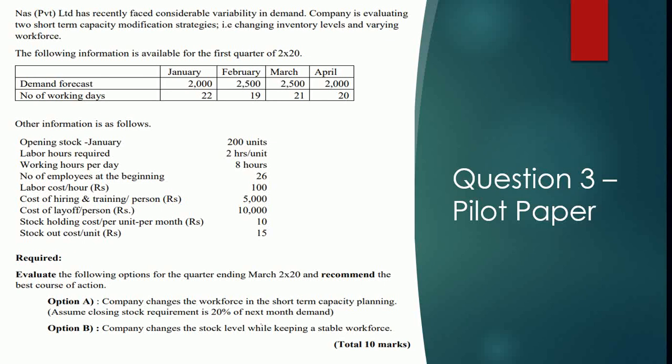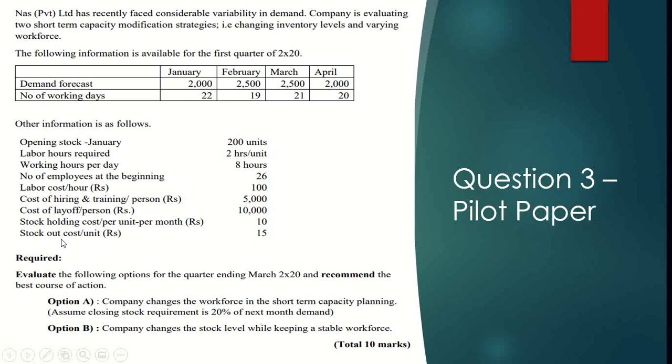When it comes to the holding cost, remember we always multiply the cost per unit by the average stock for that particular period. Remember, average stock level into cost per unit. That is how we compute stock holding cost. Remember, we won't take the ending inventory level for that period into the rate.